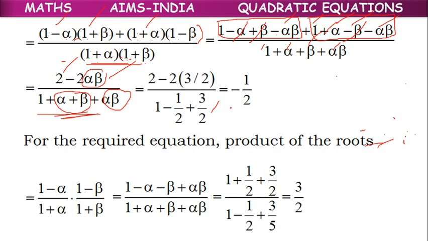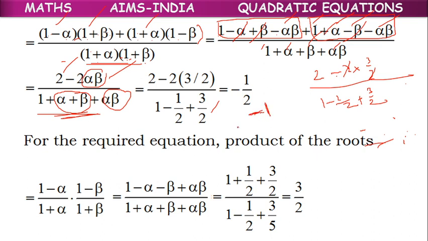So here, what happens here? 2 minus 2 into 3 by 2, by 1 minus 1 by 2 plus 3 by 2. 2 to cancel here. 2 minus 3, numerator minus 1.